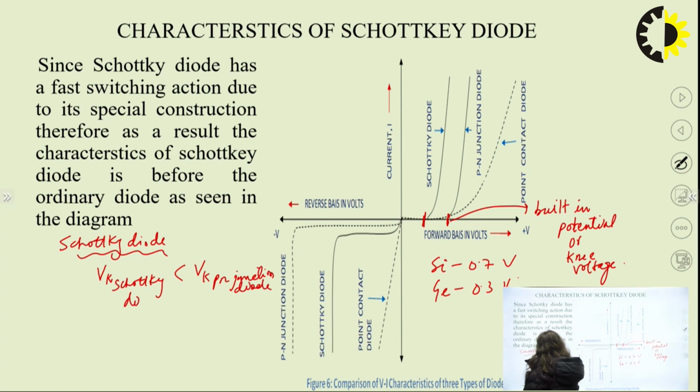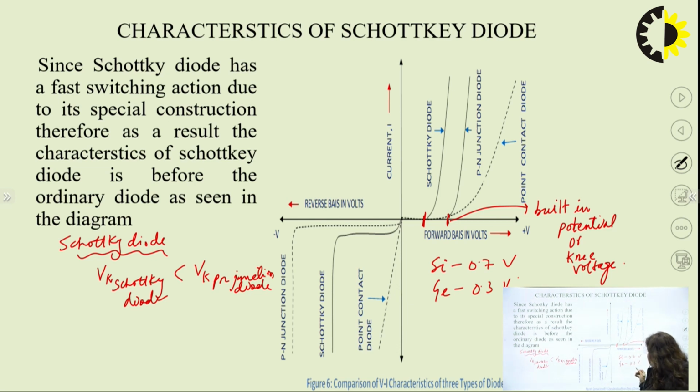Which will give you a better result, because if the knee voltage is less, then for a small operating point of the voltage, or whenever you give a small voltage, the current will start rising. So the Schottky diode has an exponentially increasing current function. Both have exponentially increasing functions, but the Schottky diode has lesser knee voltage as compared to the PN junction.